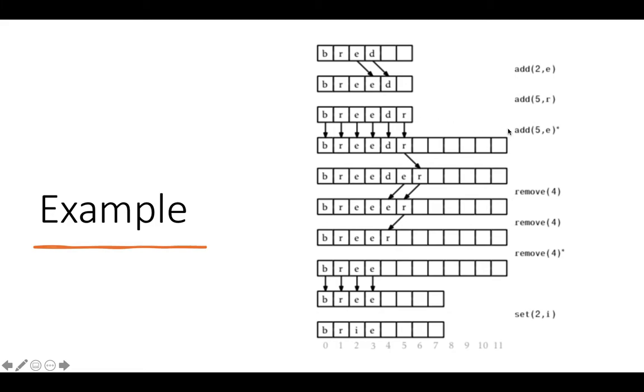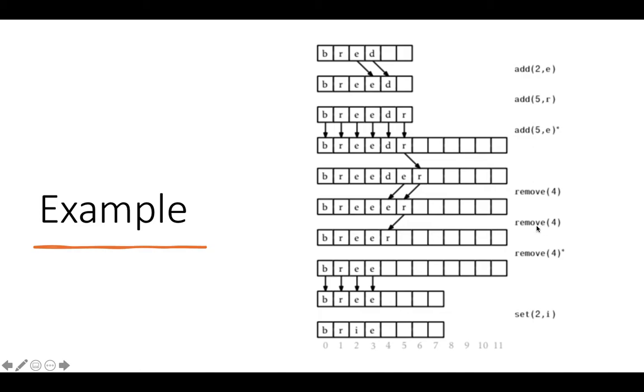Now if you want to add E at position 5, you don't have space. So first you need to double the array. This is array B. You copy the elements, and then you shift this R and you make space for E, and you add E. If you remove at 4, we will remove this element D, but we need to shift back everything.